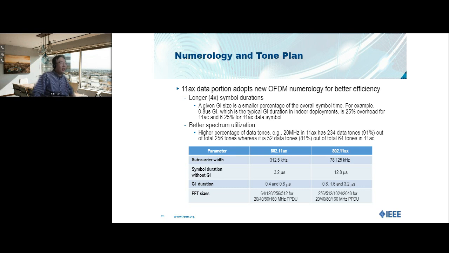So just by doing this numerology, we have about 10% higher spectrum utilization efficiency. Of course, for different bandwidths this improvement is different, but overall, as I showed in the overview section in the previous section, because the tone plan changes, 11ax has a significant improvement in PHY link efficiency.